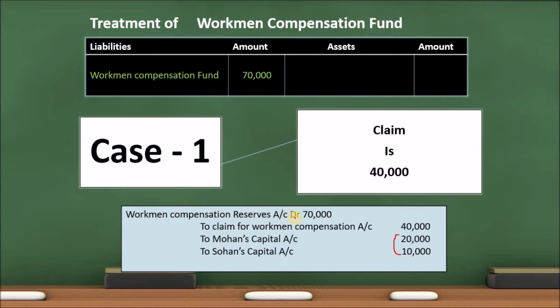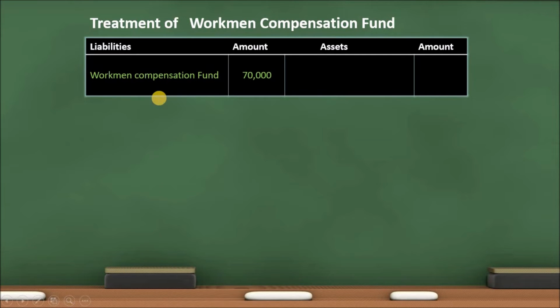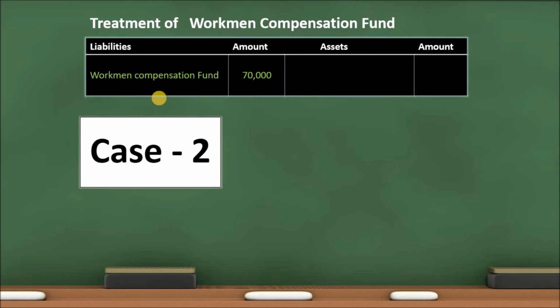Workmen compensation reserve account is debited, and the claim for workmen compensation, 40,000, is credited because now it is our liability, and this will be shown as a liability in the new balance sheet. This is a claim which is payable to the workers which we have already admitted but have not paid yet.